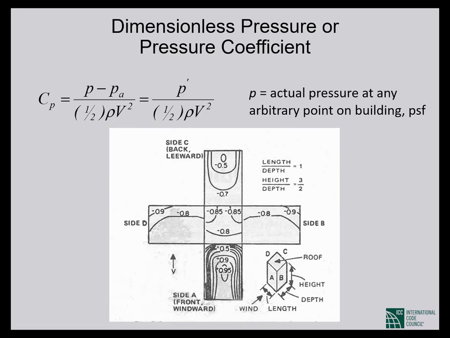For the leeward face, we take negative 0.5, negative 0.3, or negative 0.2, depending upon the L over B ratio, the dimensional ratio, which will come subsequently. So for the leeward face, it depends upon the geometry of the building.